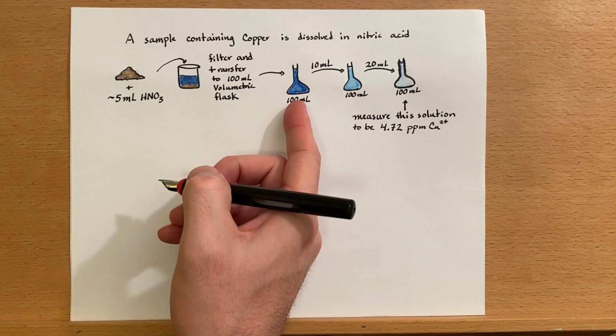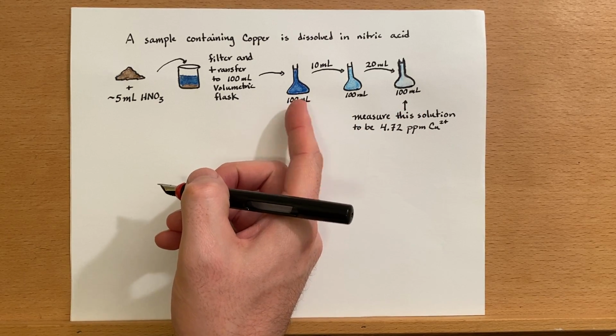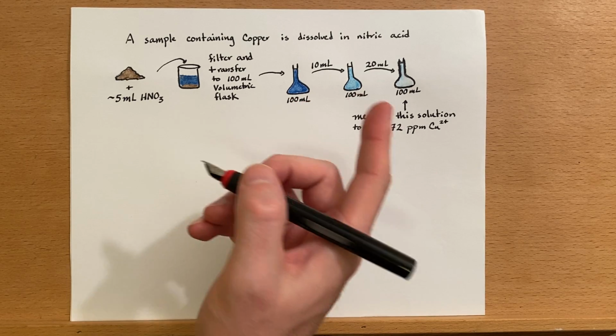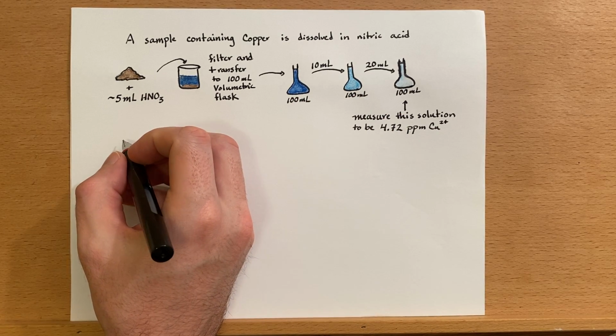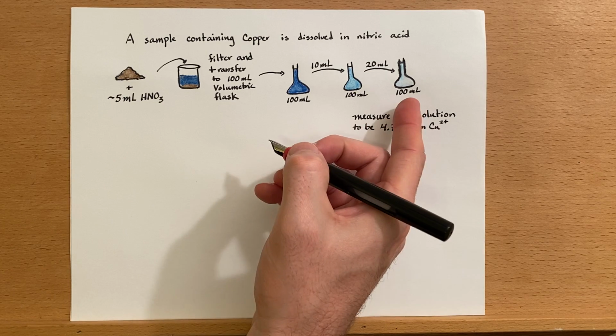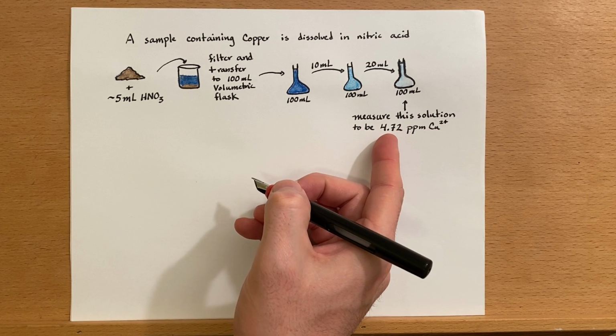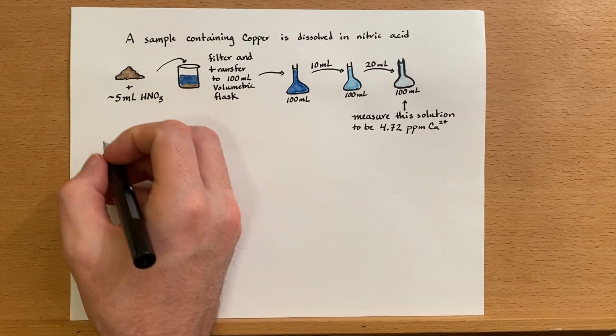Okay, so let's first calculate the concentration in this flask, and then we can discuss what we could do with that number later. So we start off with 4.72 parts per million.